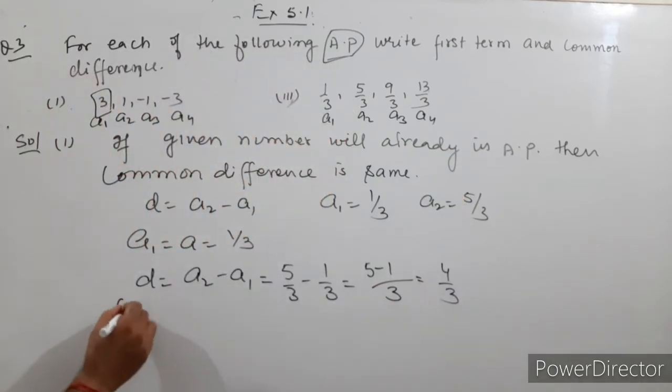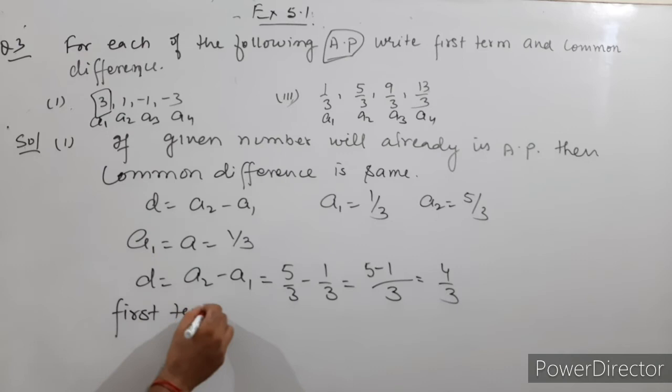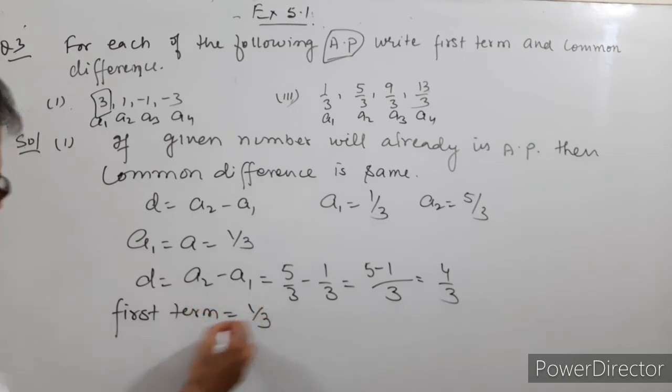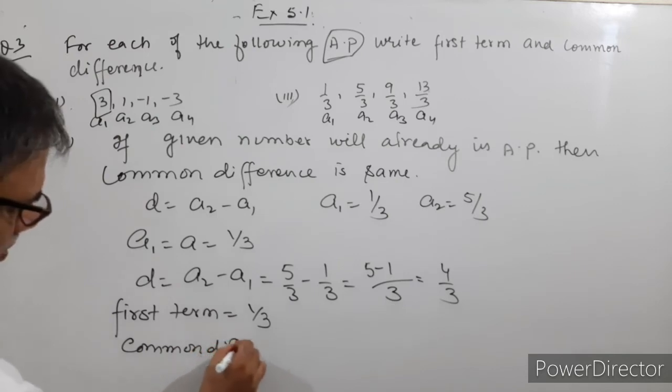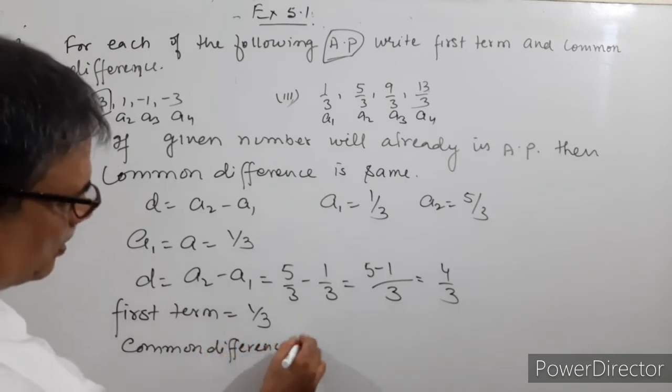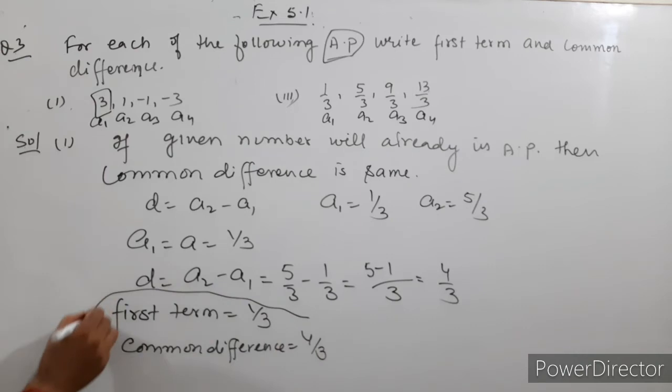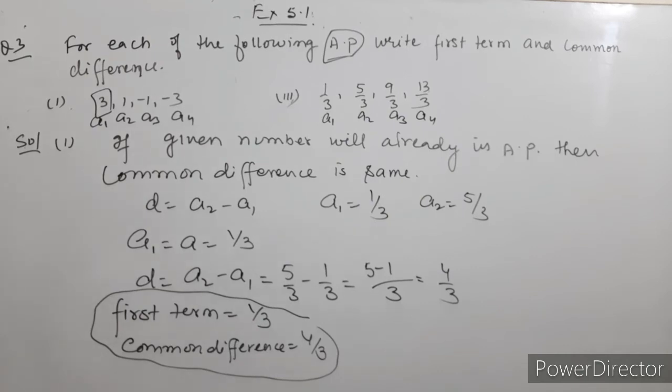That means first term is equal to 1 by 3 and the common difference is equal to 4 by 3. This is our answer. And this is question number 3. Check it, note it down first.